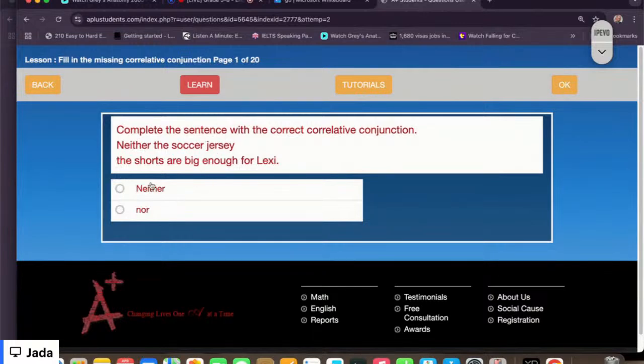Neither the soccer jersey nor the shorts are big enough for Lexi. Neither, nor. Which is the right one here? Share your answers.